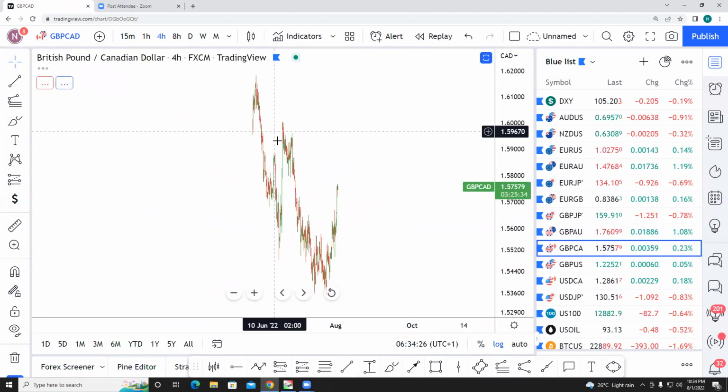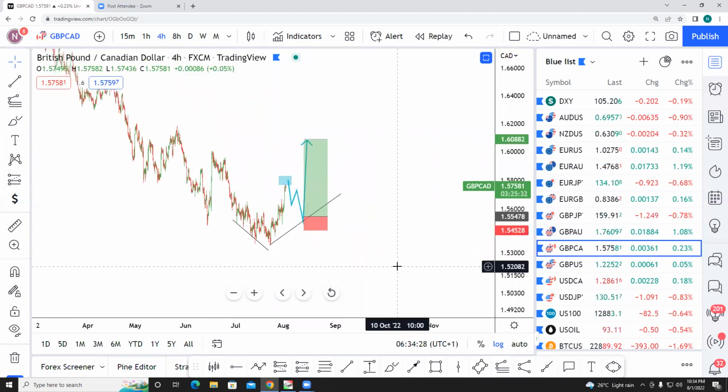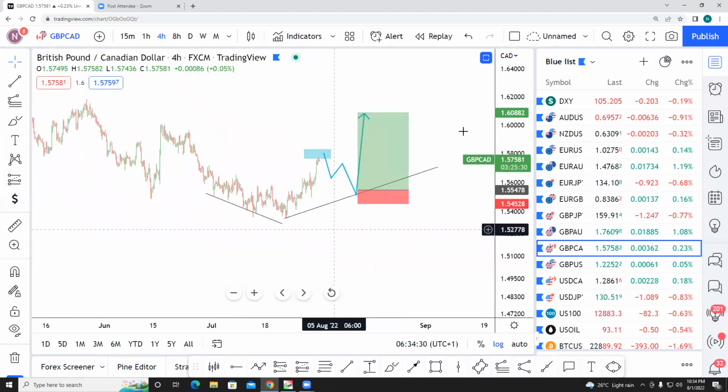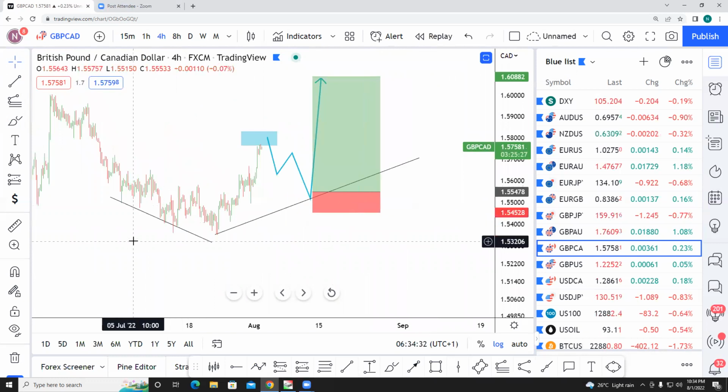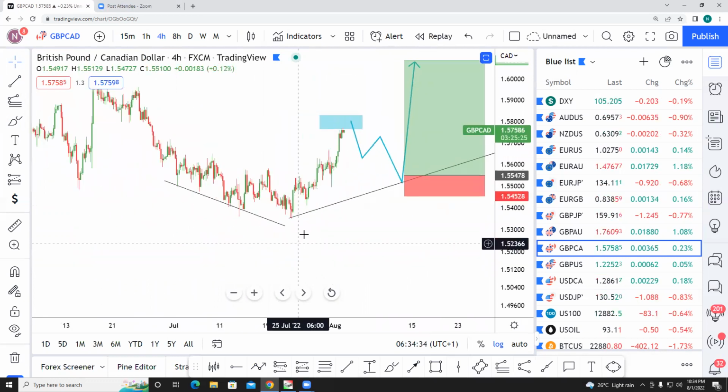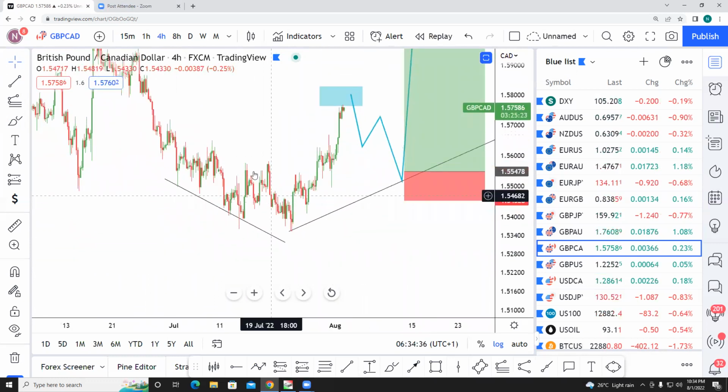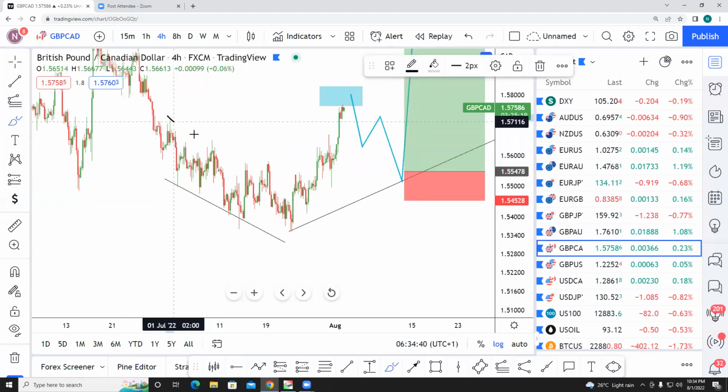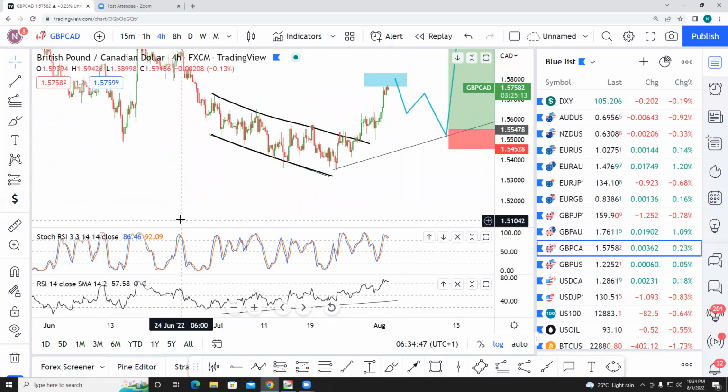So wait for it. Pound yen, of course. See, this is one of the pairs I'm looking up to. Okay, this move has come here. Right here, the correction happened so fast. You see that you have an ending structure here.